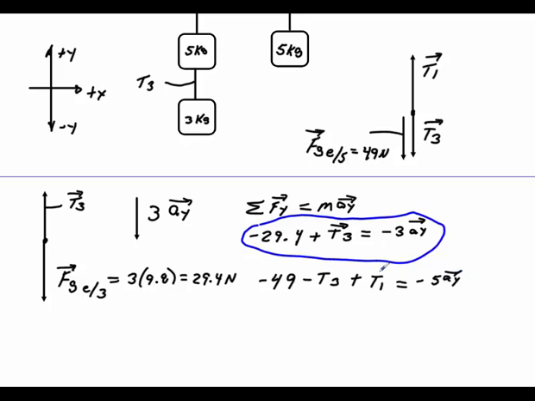I'm adding my vectors here, here, and here. I like to do this off to the side, making that into the mass, which is 5 times AY going down. That's where this whole equation comes from, the summation of forces in the y direction equals mass times acceleration. That's my second equation.